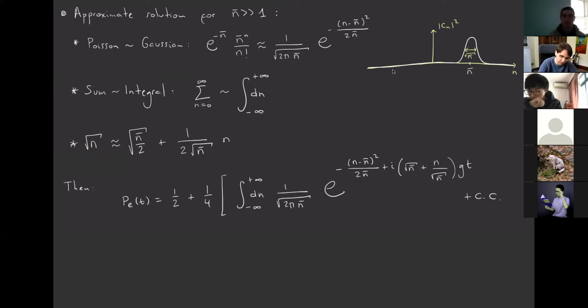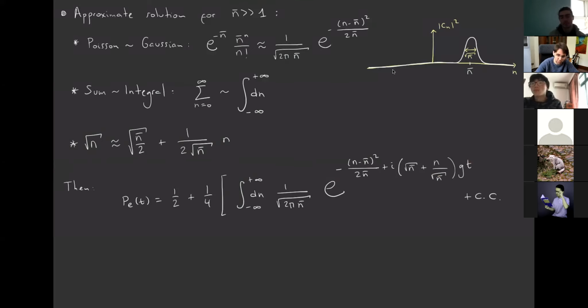Then this integration here is completely trivial, and especially after the exercises, you are perfectly used to this kind of integral. This is just a Gaussian integral, so it's just the integral of the exponential of a quadratic form.